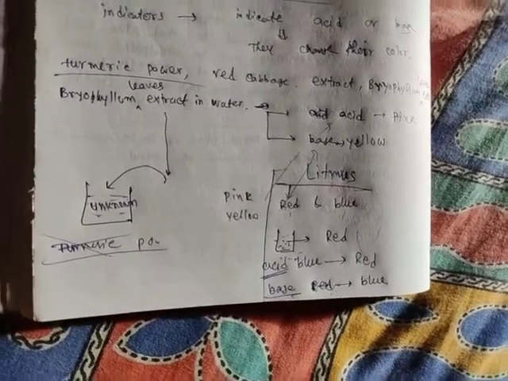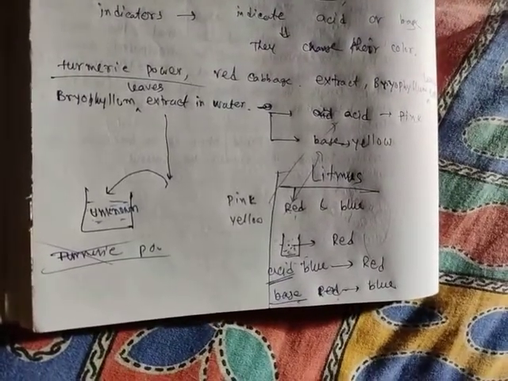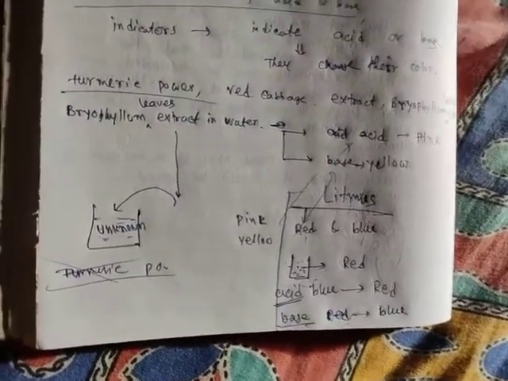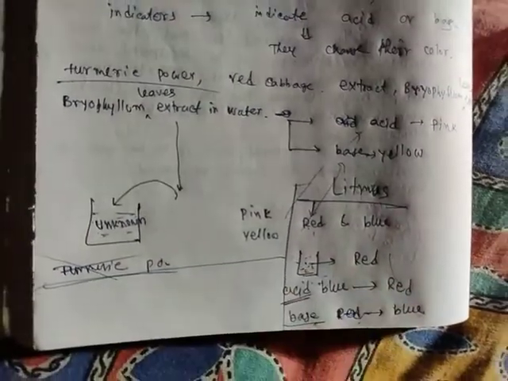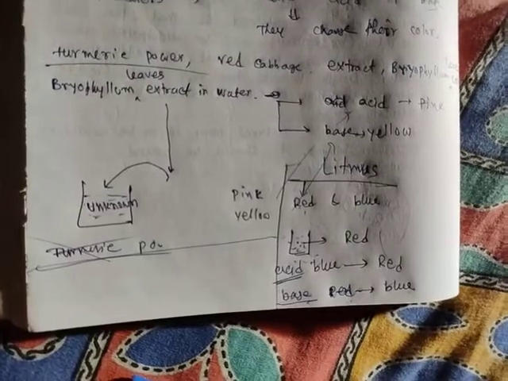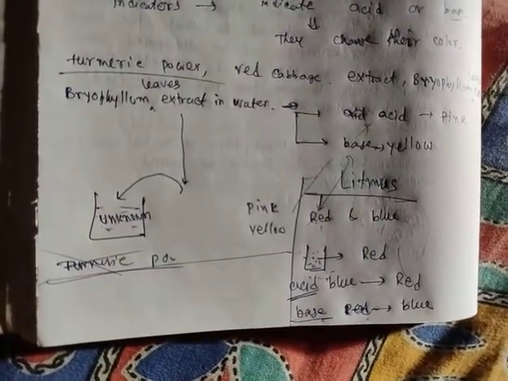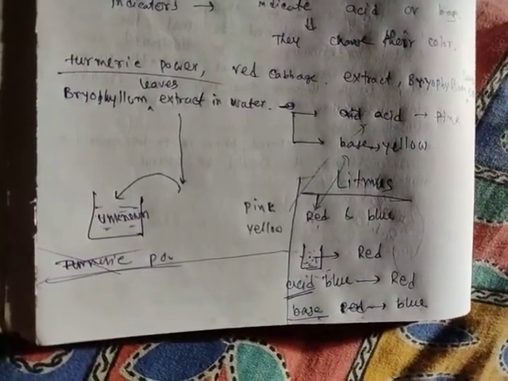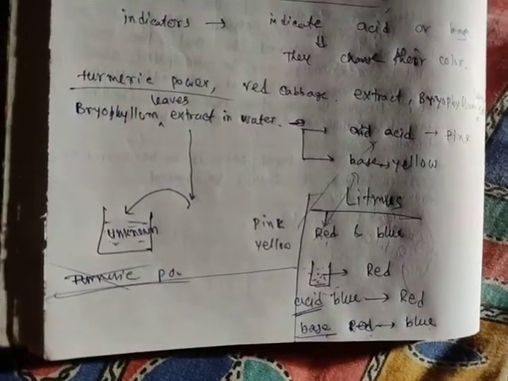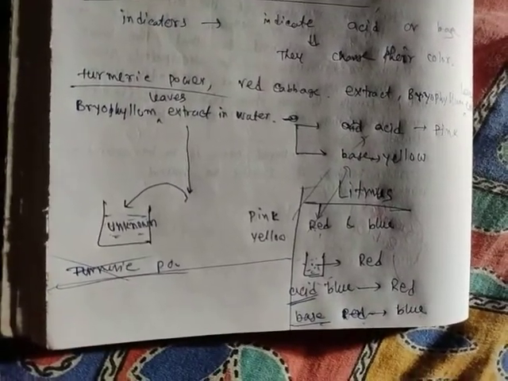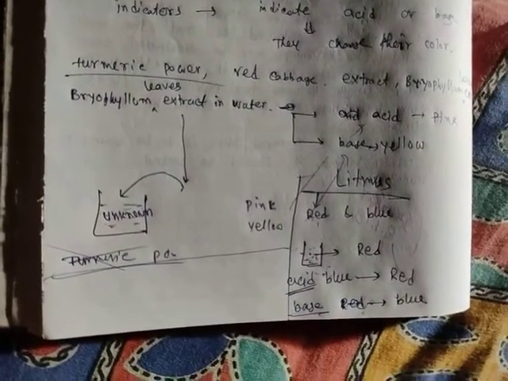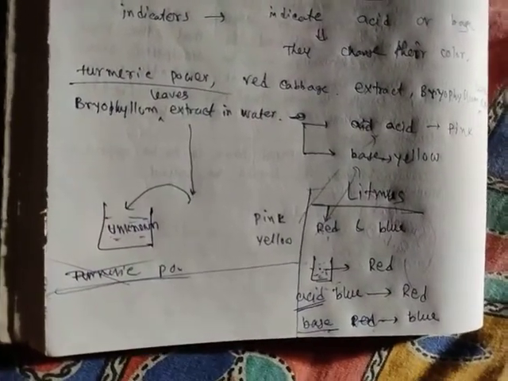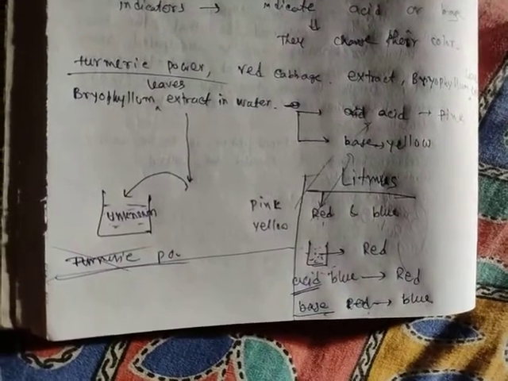So understand there are two indicators, and what kind of question can come. Suppose you are given the name of the indicators, and you have to say what kind of color is formed in acid solution and base solution, or you are asked the color, then you have to say what the indicator is.